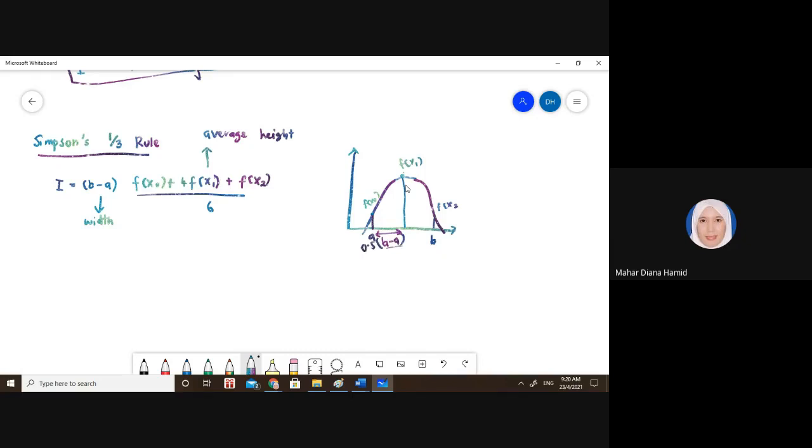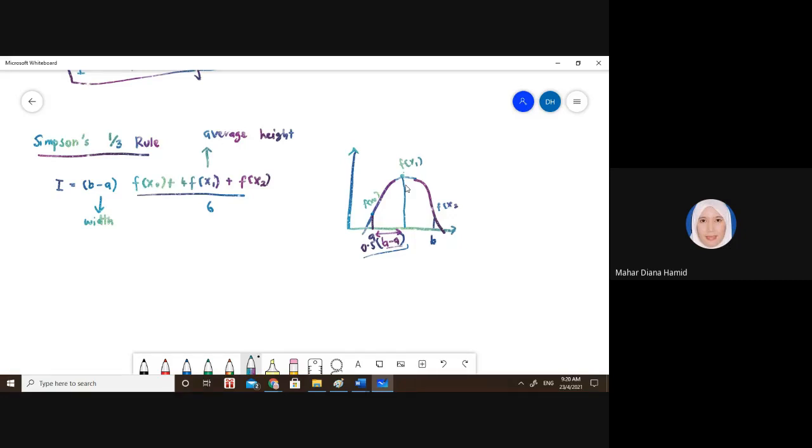So this would be the distance between f(x0) and f(x1). So this would be for the typical Simpson's 1/3 rule.